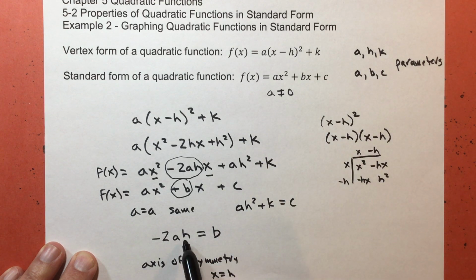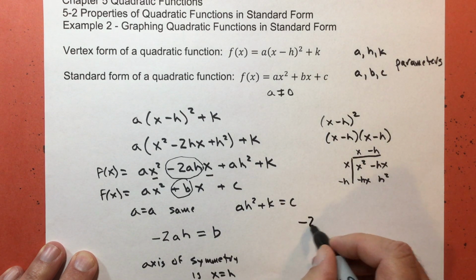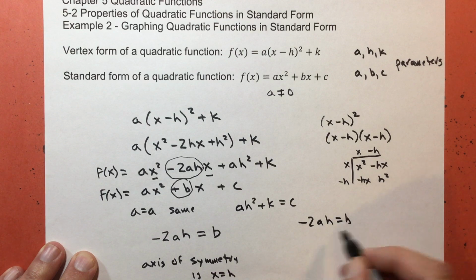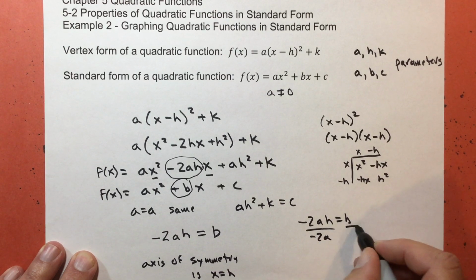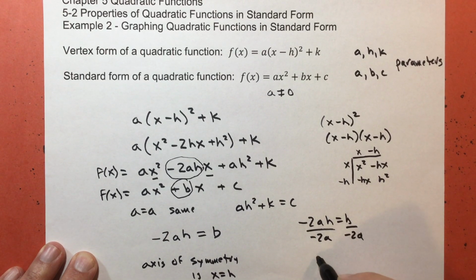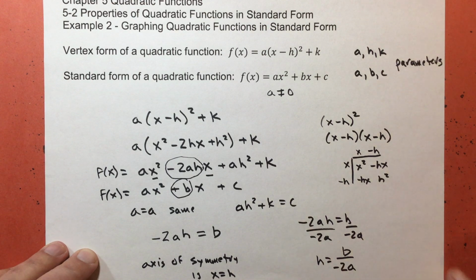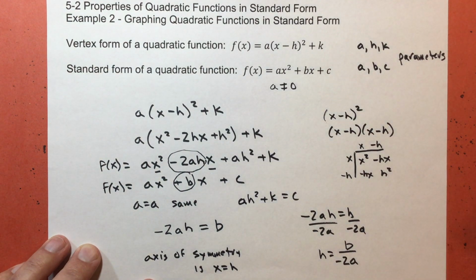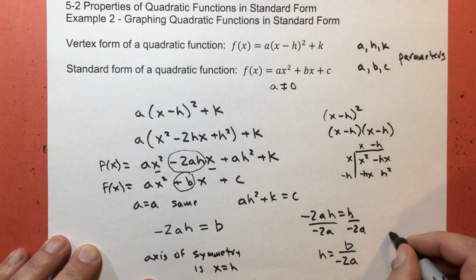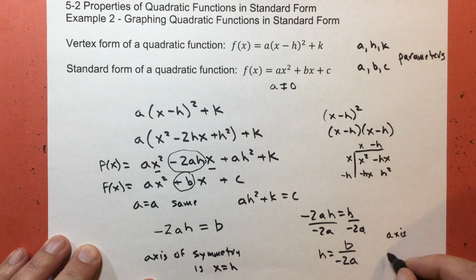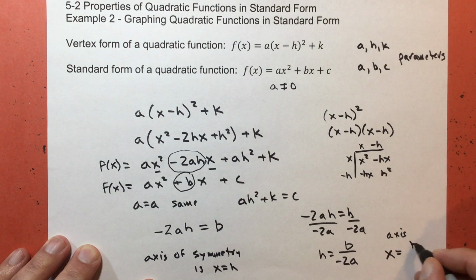Take negative 2a h equals b, divide by negative 2a, and h equals b divided by negative 2 times a. So finally, that tells me that my axis of symmetry is x equals b over negative 2a.